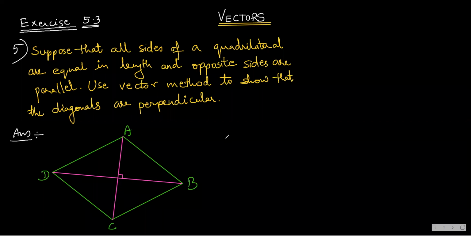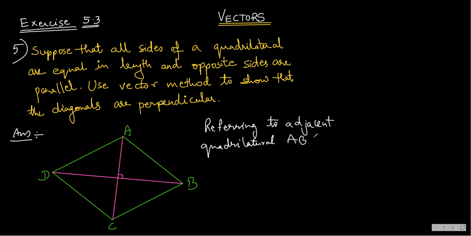So here I start by writing, referring to the adjacent quadrilateral ABCD. Now here I write AB is equal to BC equals CD equals AD.